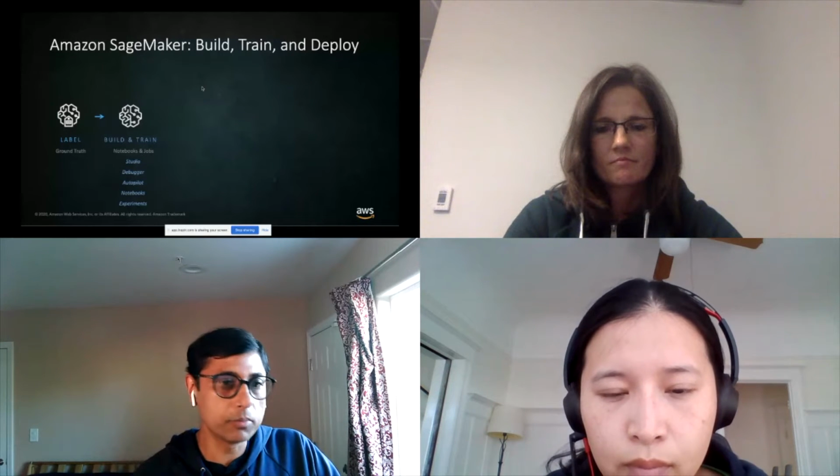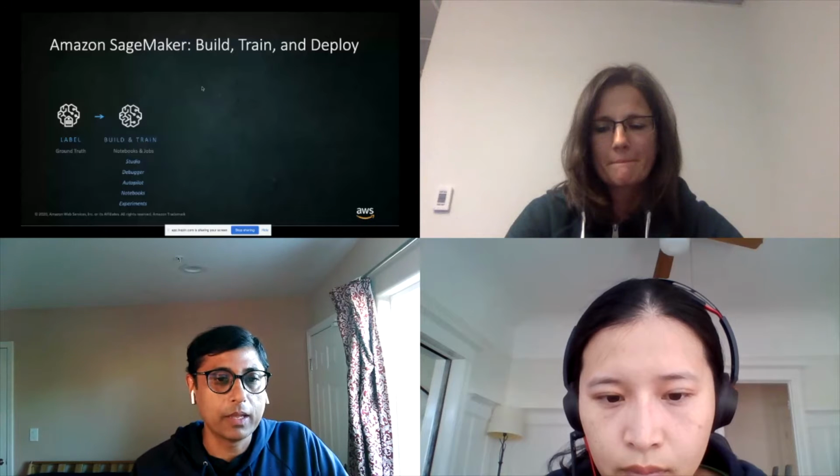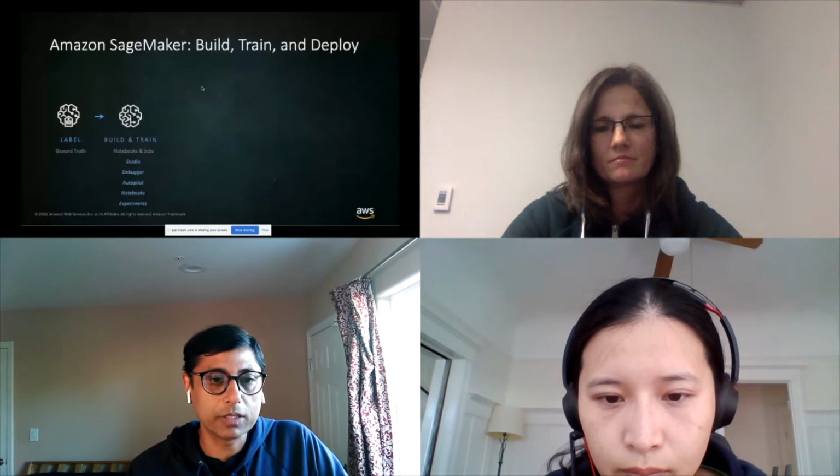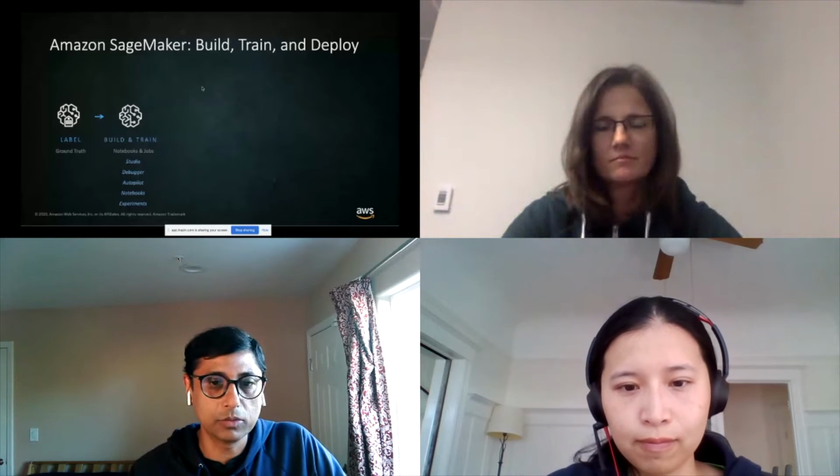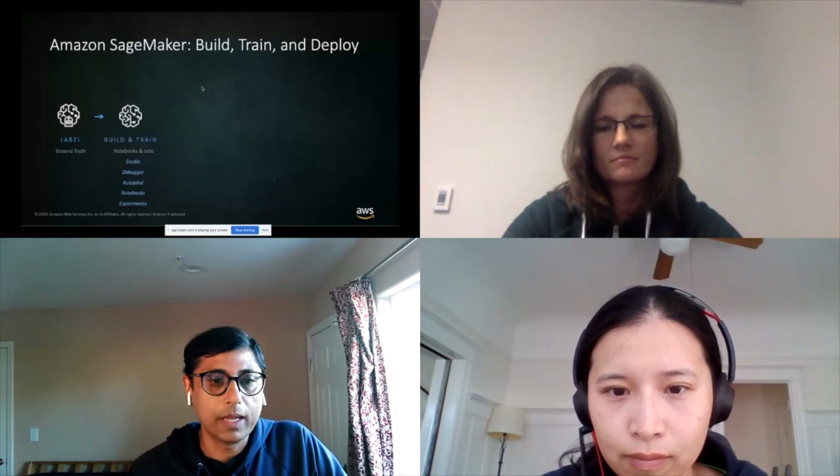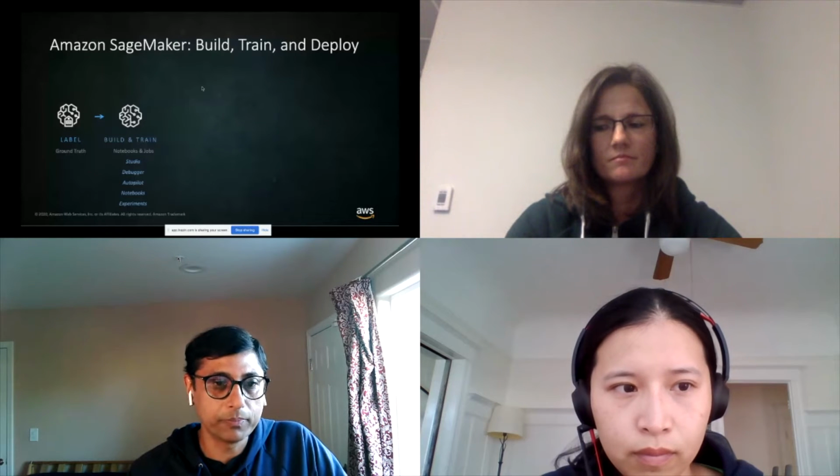Then we have the notebooks, which is a very convenient way for you to start coding in Python and debug on the notebook itself. And you can consume all the features that SageMaker provides through the Python SDK, through a notebook if you choose. And we have the notebook also integrated with Studio.